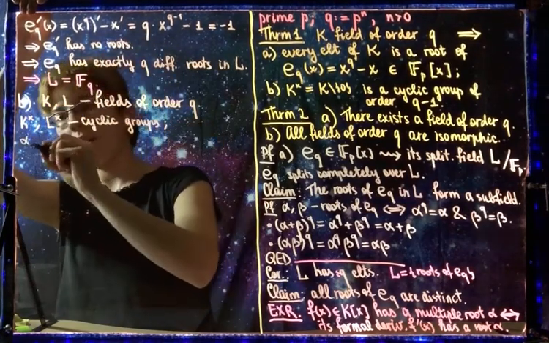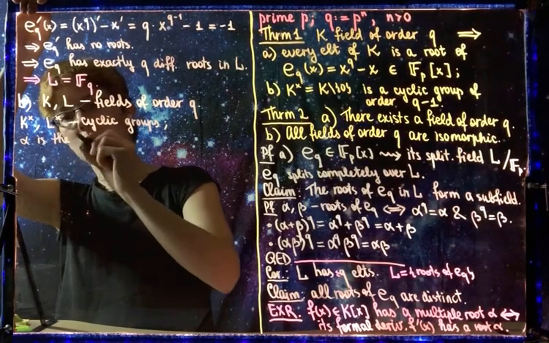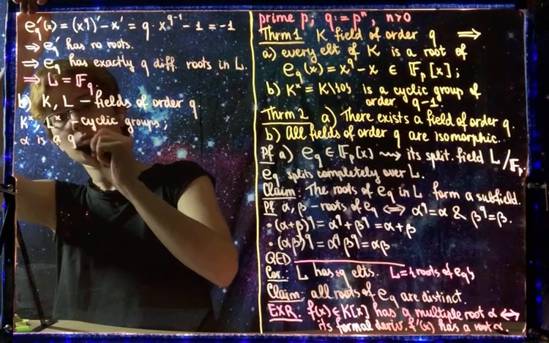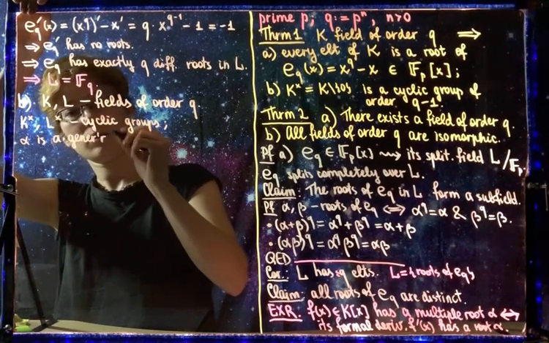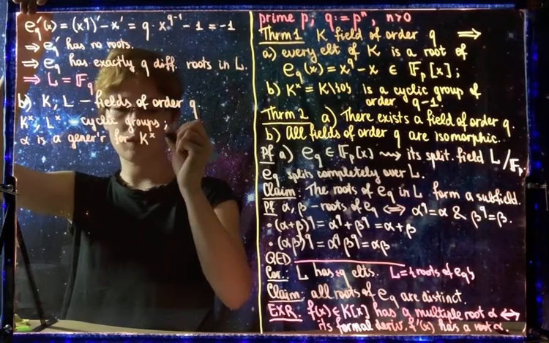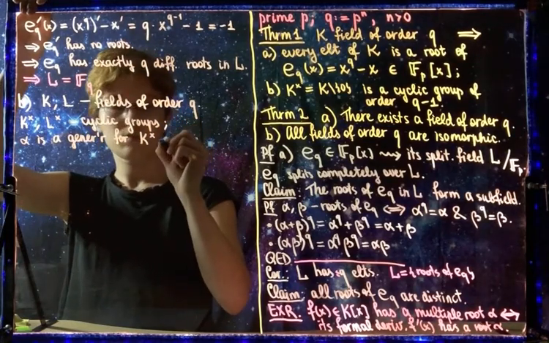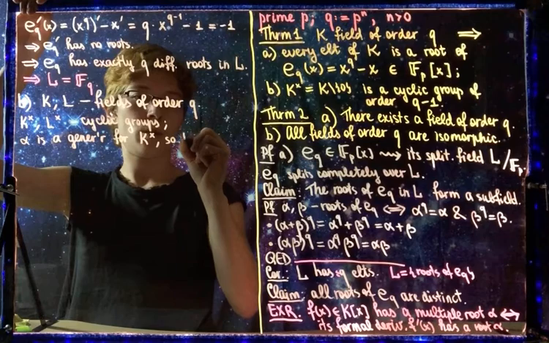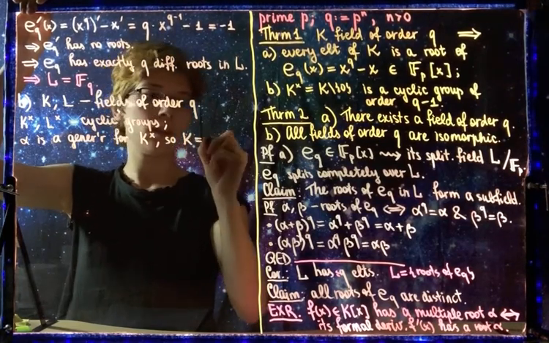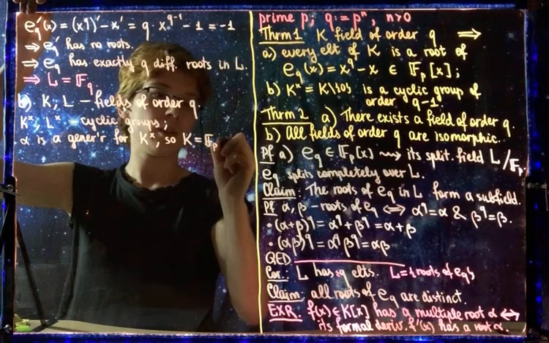And let's say that alpha is a generator for the group K star, so that K is equal to Fp adjoint alpha.